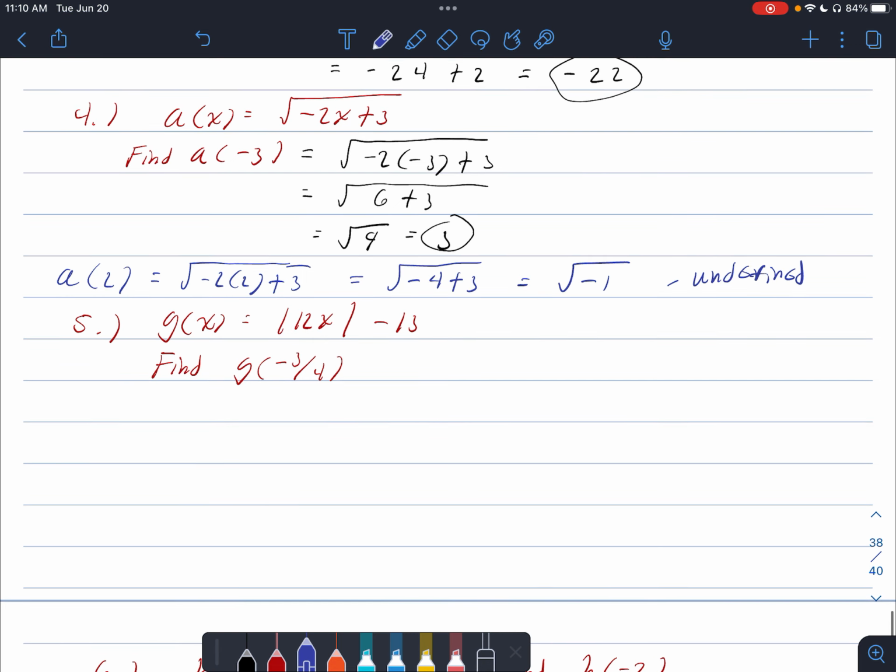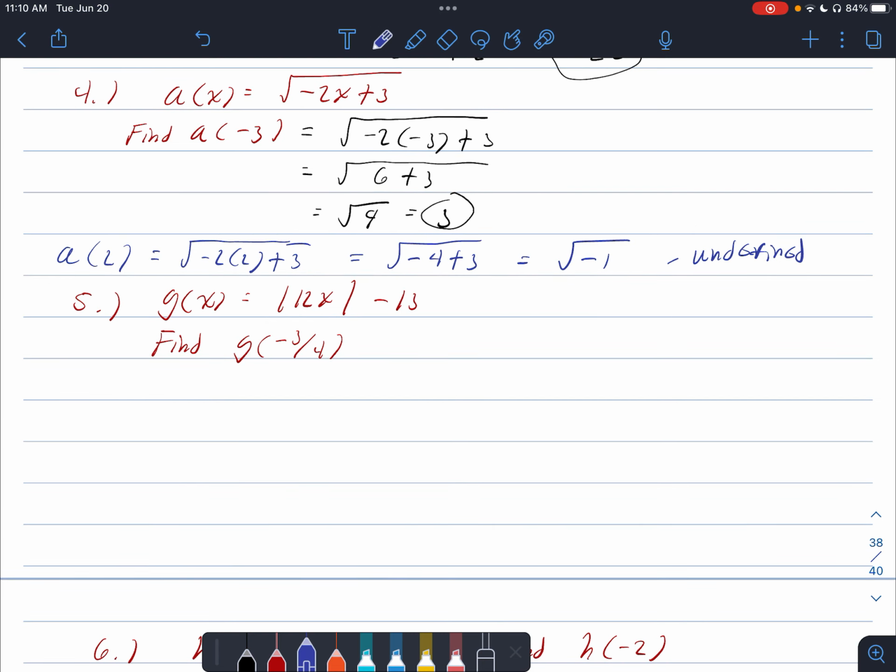But just something to note: if you ever get something where you're not going to have a real number as the output, we're going to say the function is undefined unless you're asked to do otherwise. Unless it specifically says you could use complex numbers as an output, we're going to say it's undefined.